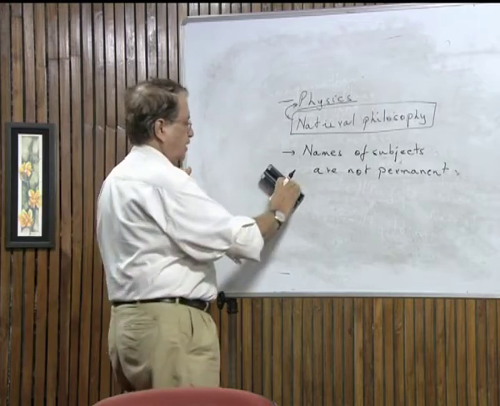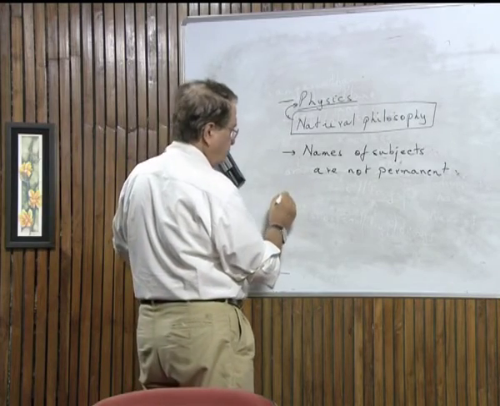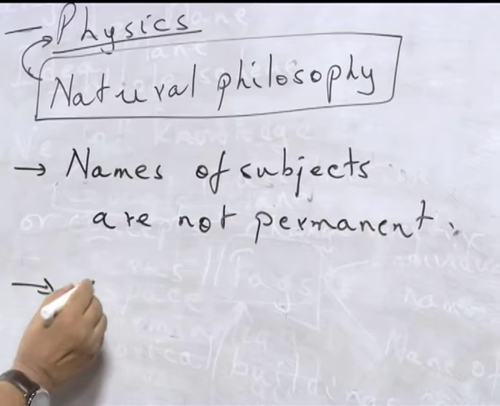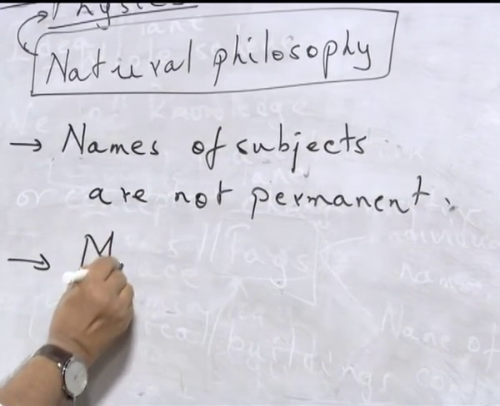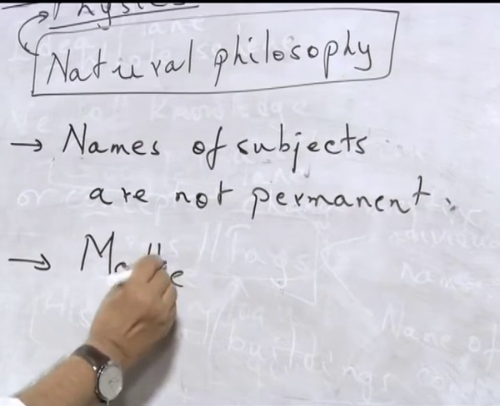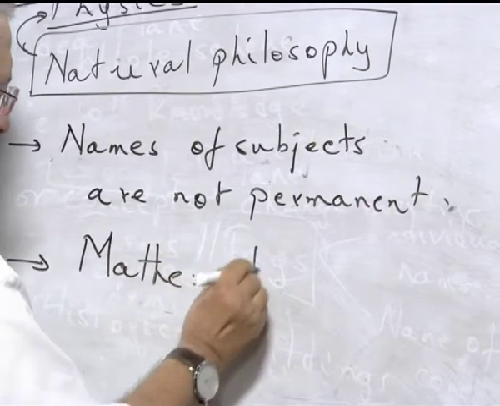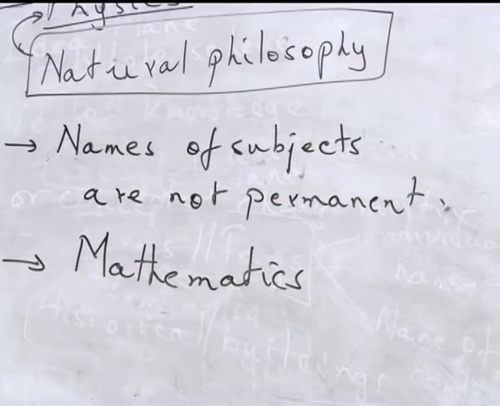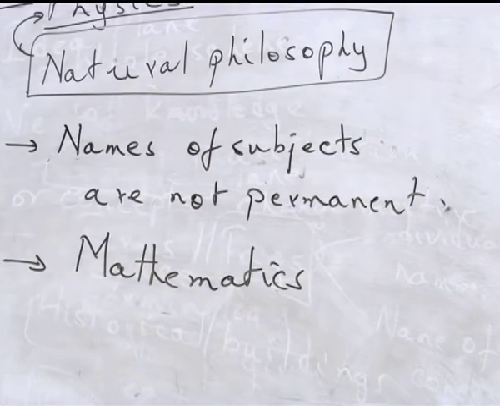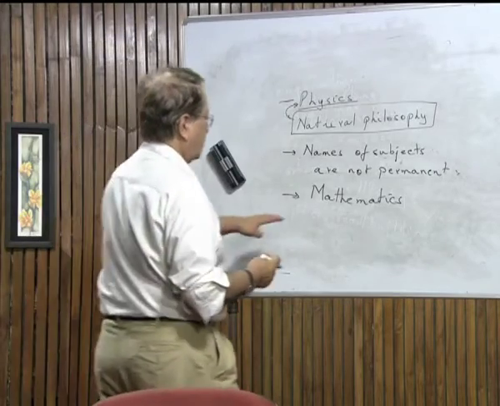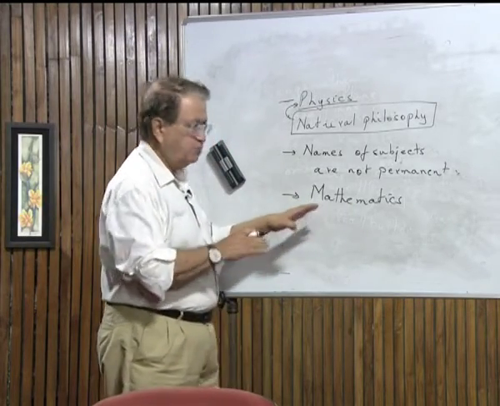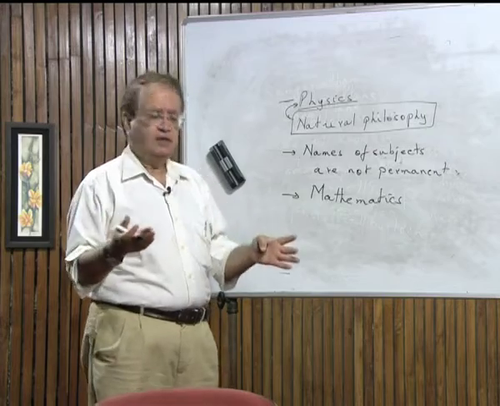That is one. The other thing is that if I use the term, let us say, mathematics, then the group of concepts which were collectively known as mathematics about 200 years back have now expanded to include many more things which were not there earlier.